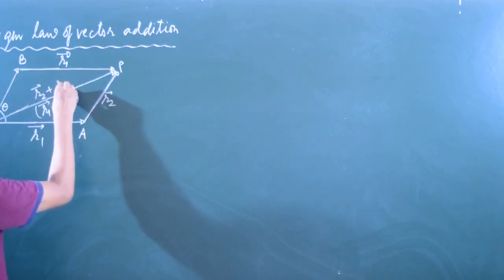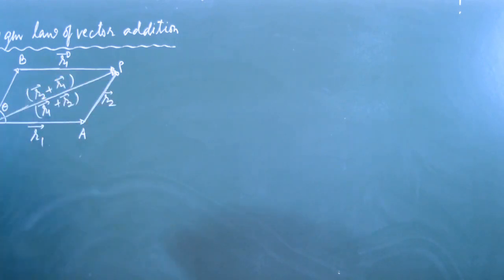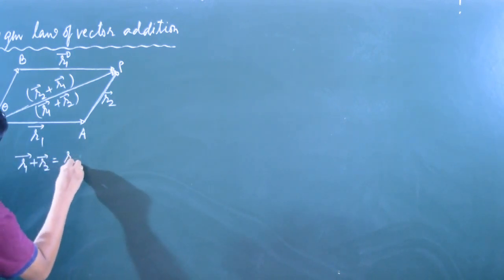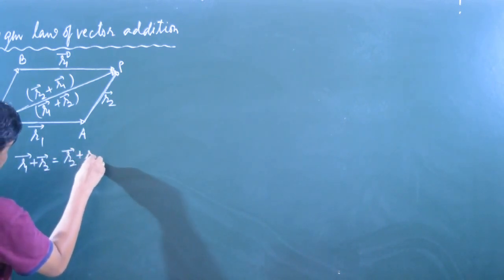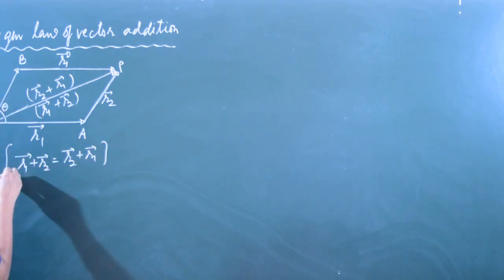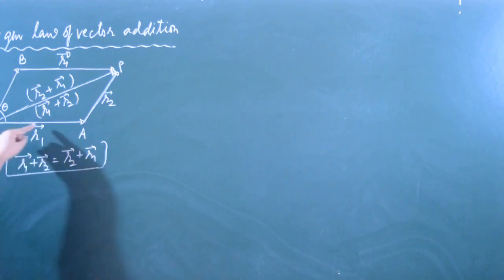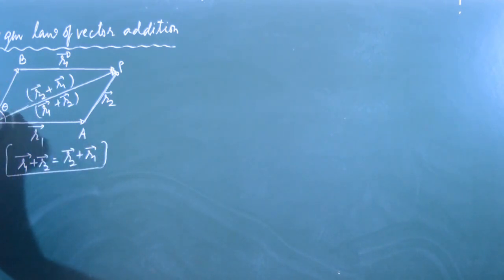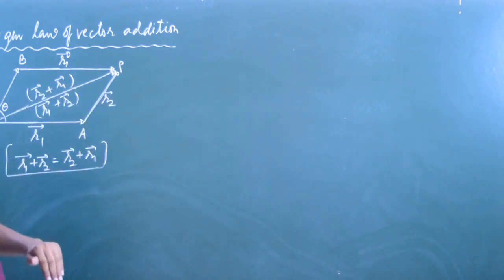So see, here we have vector R1 plus vector R2 is equal to vector R2 plus vector R1. This result is valid here. So the diagonal of the parallelogram formed using two coinitial vectors having theta angle between them is the resultant of the vectors.